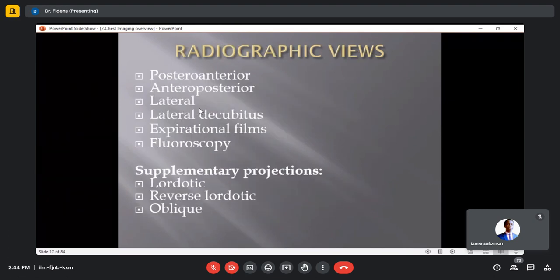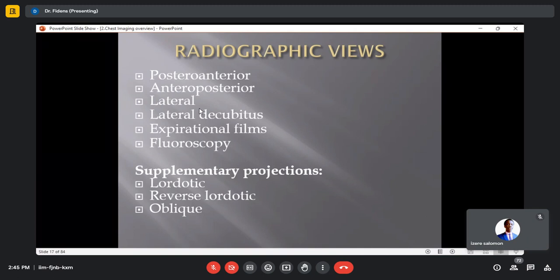Decubitus. The decubitus view is done especially when you suspect any small or mild pleural effusion. You know, that small fluid has just remained in the costophrenic angle.